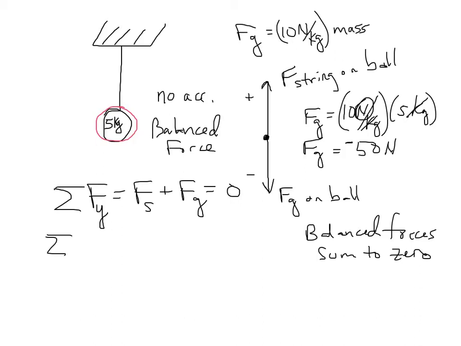So I have the summation of forces in the y direction equals force of string plus a negative 50 newtons equals 0. Which means if I solve this summation for the force of string on the ball, I simply subtract the negative 50 from both sides, which means I add it.